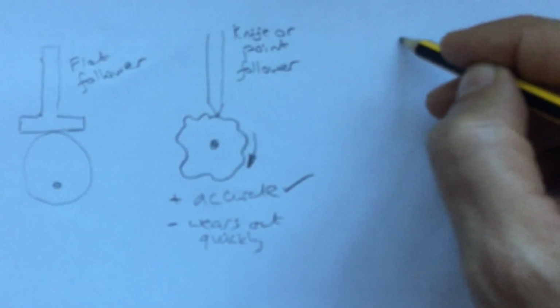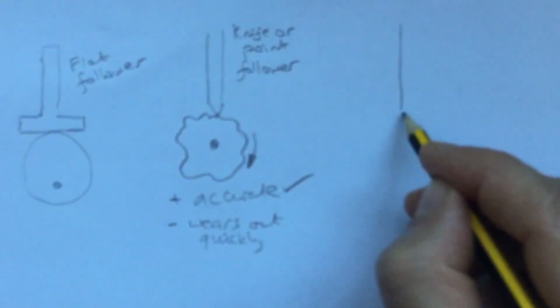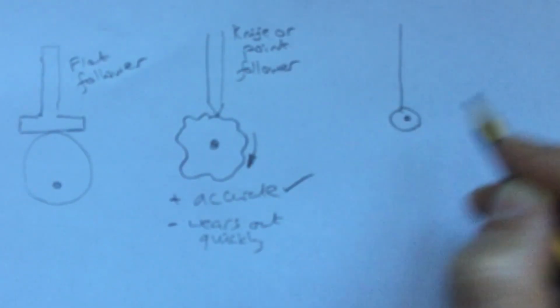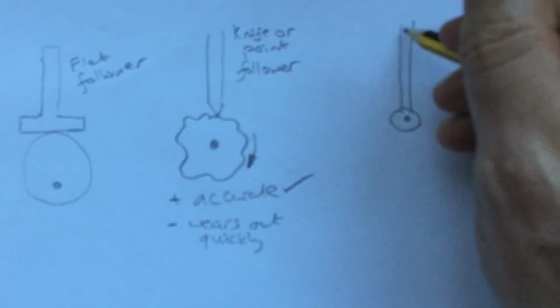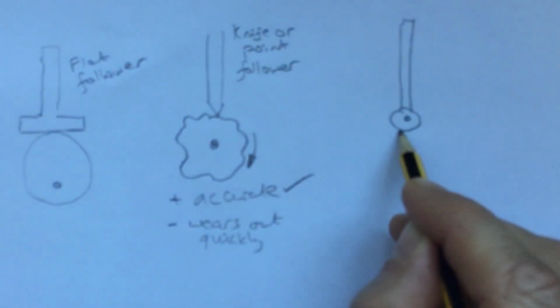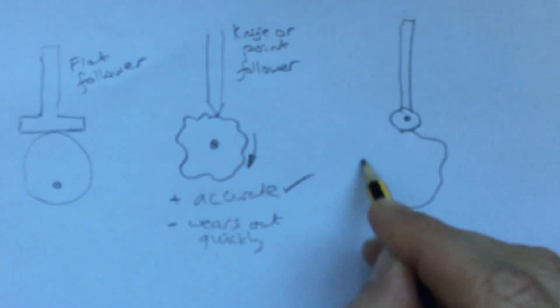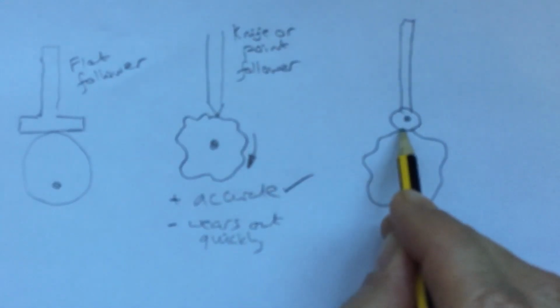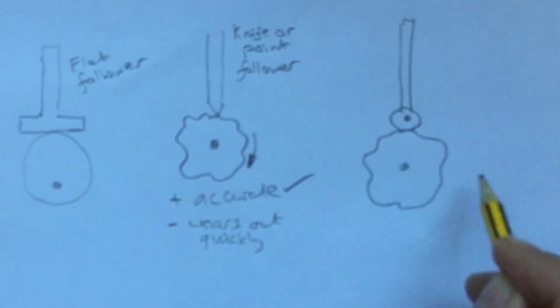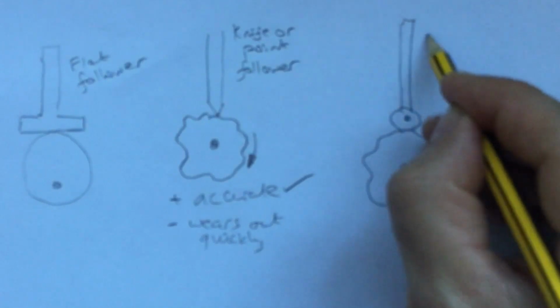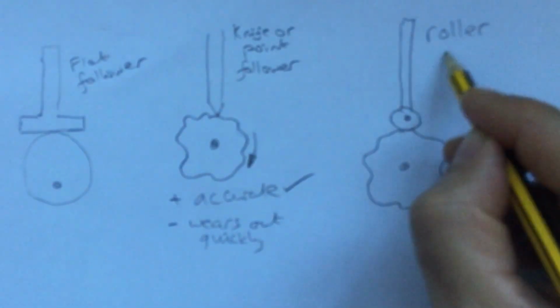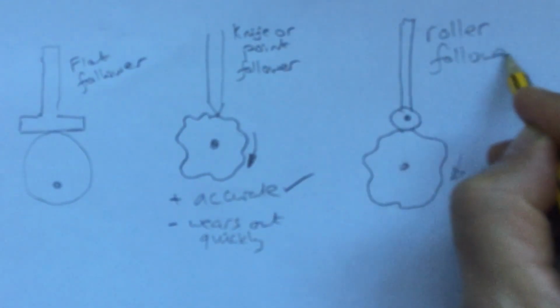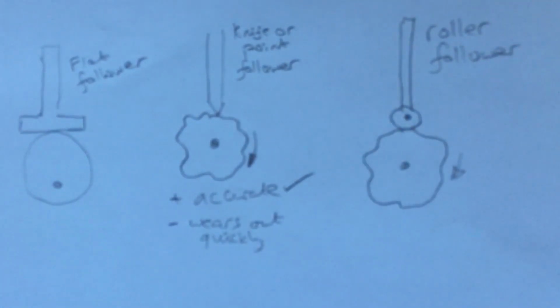The third one is called a roller follower, and it actually has a wheel attached to the bottom. And again, these are accurate because the roller part of it at the bottom has got a relatively small surface area. So roller follower. And because it's on a wheel, its action is really, really smooth. It doesn't stick or jam or anything like that.